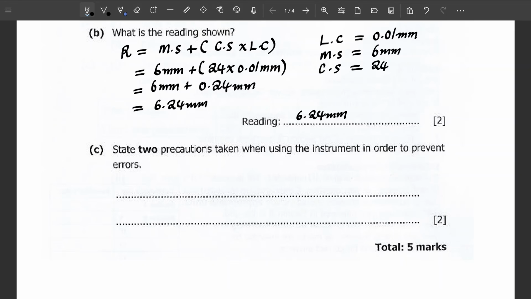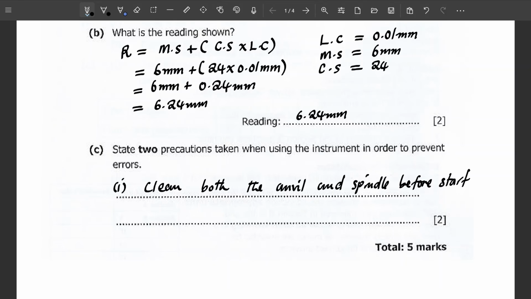So the first precaution is to clean both the anvil and spindle before starting to use it.